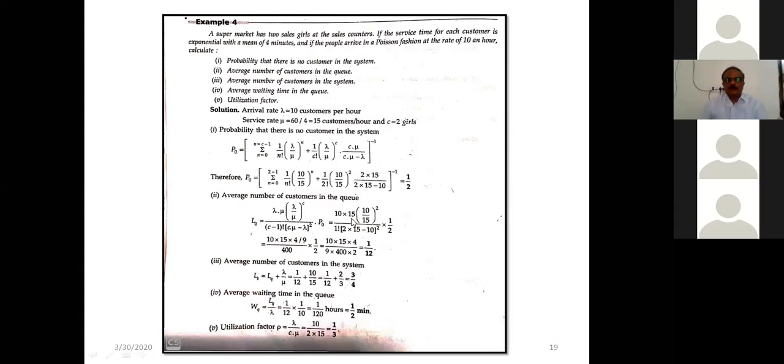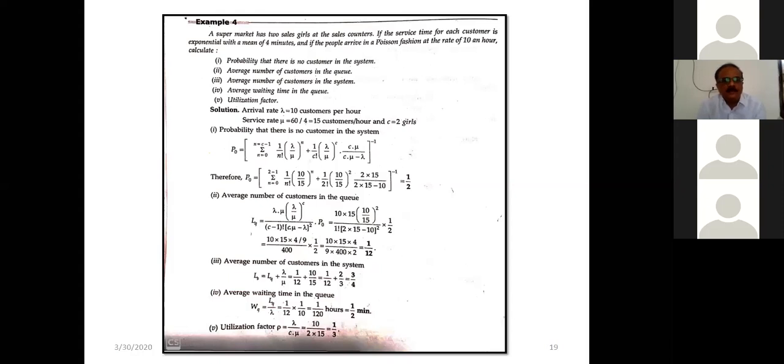So basically, if you analyze this waiting line theory or queuing models, you will realize that the basic concept is more important. Once you know the basic concepts of queuing models, once you remember all the measures of these 4 models, solving problems is very easy, right?